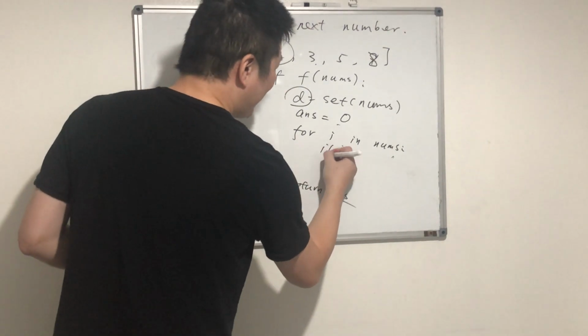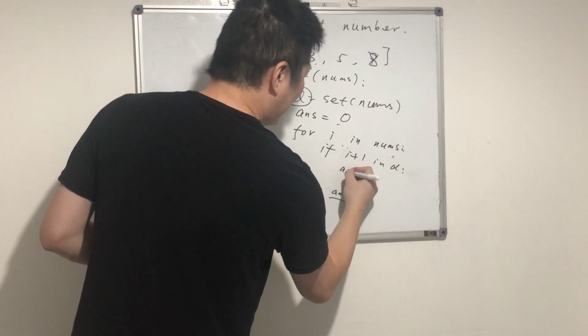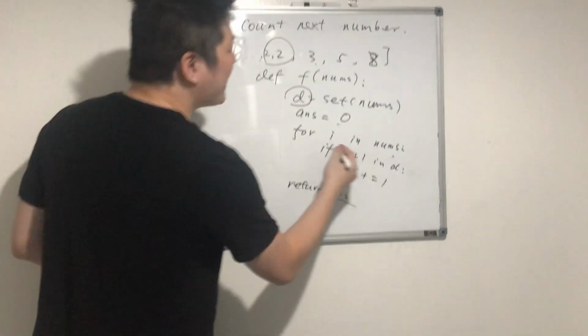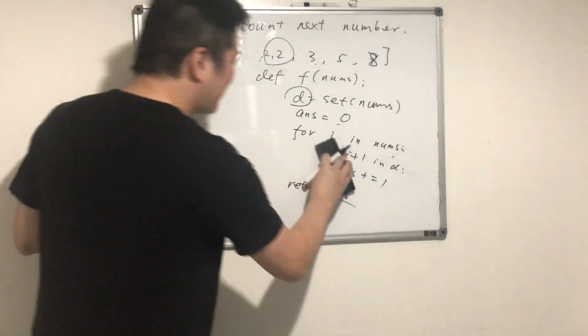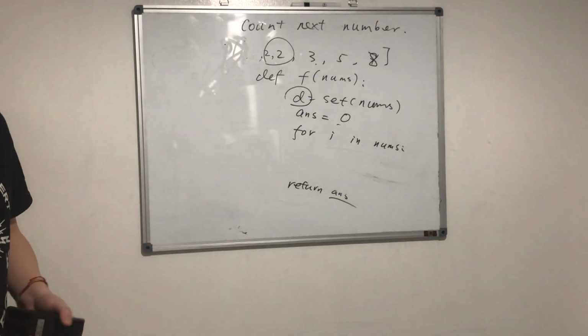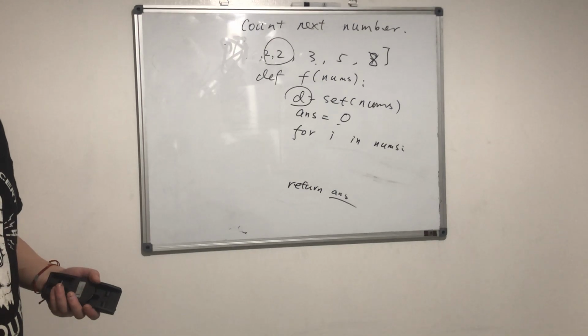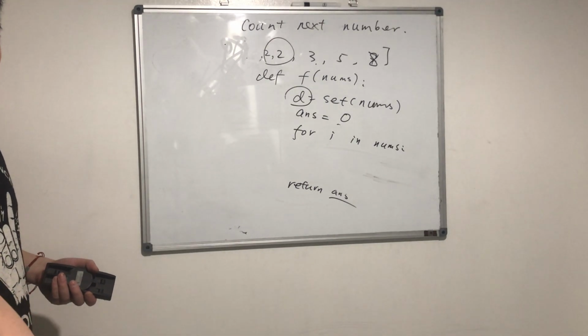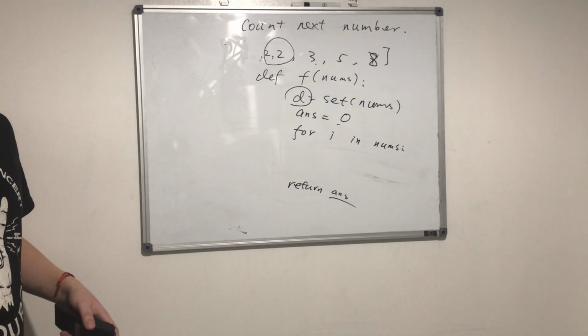Okay. If I plus 1 in D, answer plus equals 1. We're checking the next number if it's in a dictionary. If it is, okay? Come on. I want you to write it. Try your best.